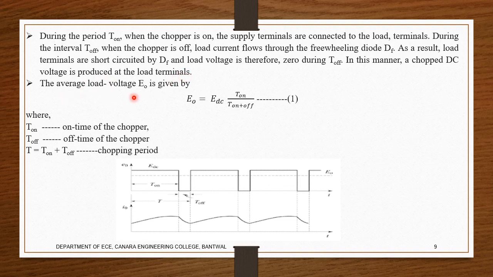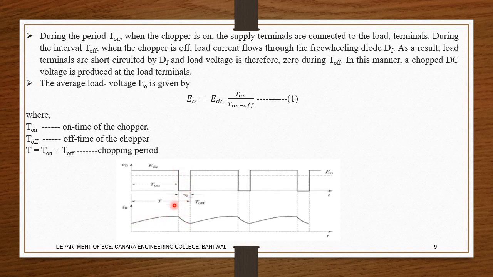So it is the average load voltage that will be considered, because when the chopper is on, we provide the load voltage directly, but during the off period this is not achieved.